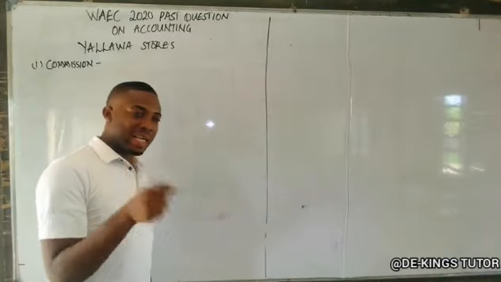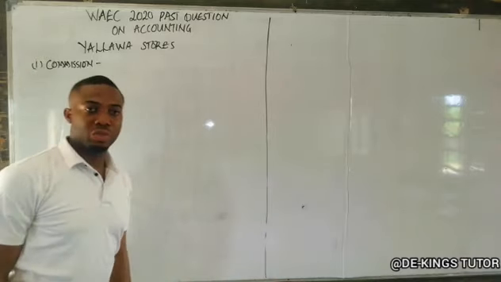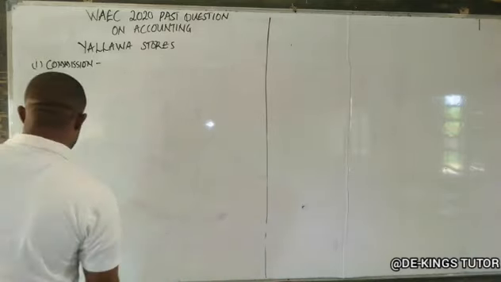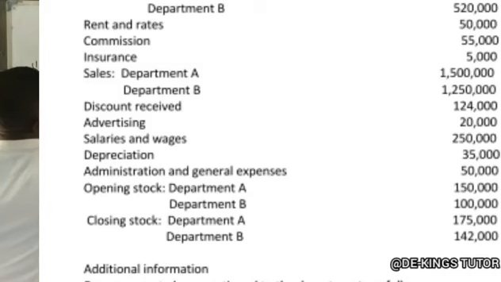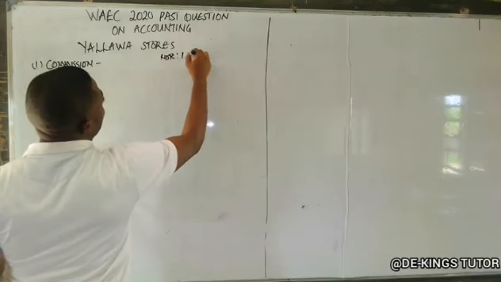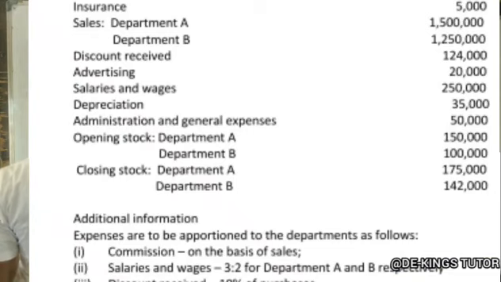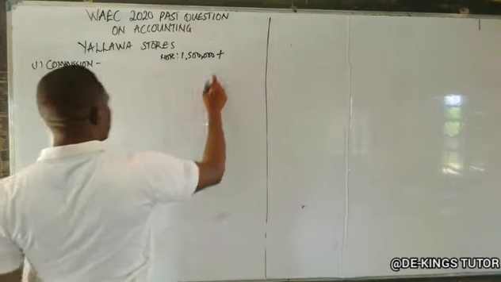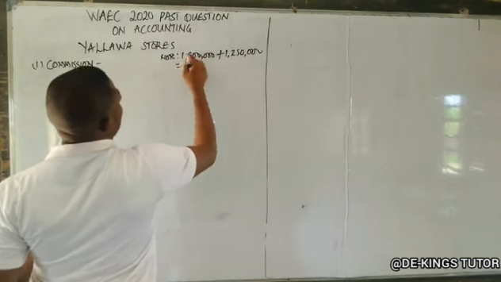So in that case, we'll have our sales for Department A, 1,500,000. Let's add it to Department B sales, 1,250,000. If you add them together, you will have 2,750,000. That's the total amount.